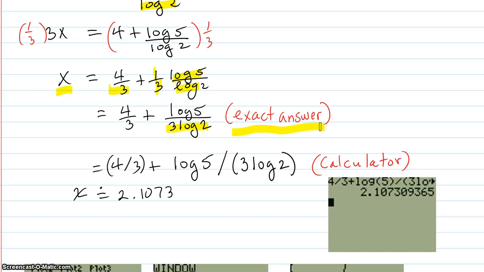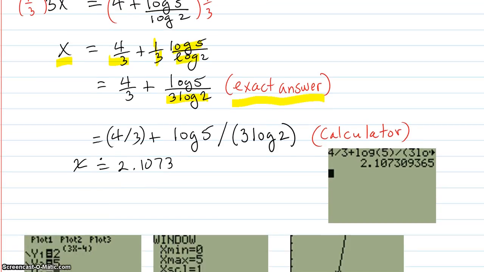But if they ask for a decimal answer, then you execute this in the calculator, and you're going to get, as we can see right there, it didn't fit all on the calculator page, but anyway, we're going to get 2.1073, which is this.